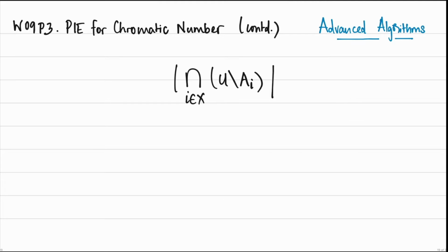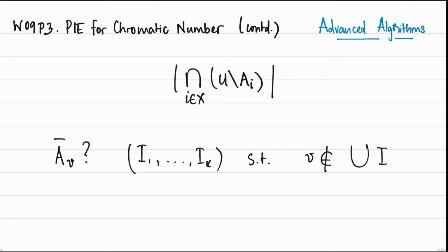So let's take a close look at what this intersection means. We are thinking about A_V complement. So for a single vertex V, what is A_V complement? Well, that's going to be all tuples of k independent sets such that V does not belong to their union, right?